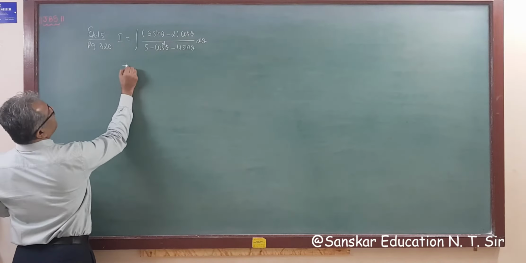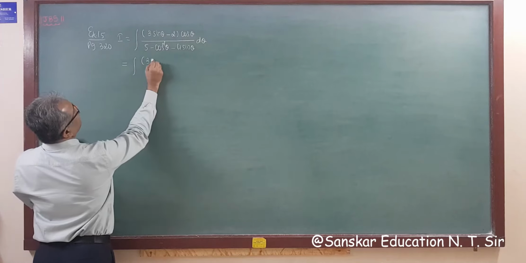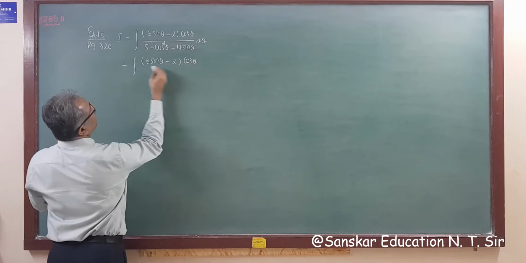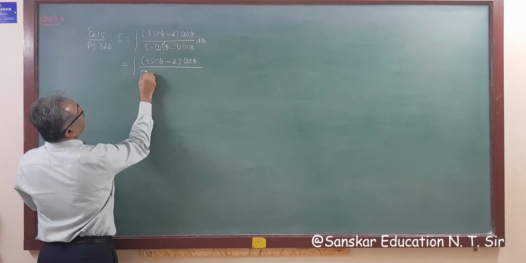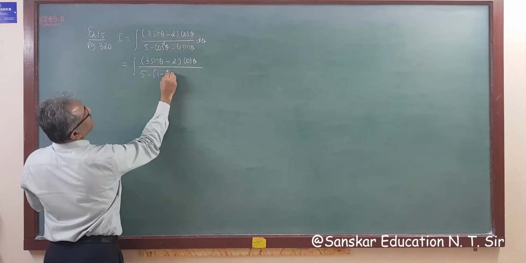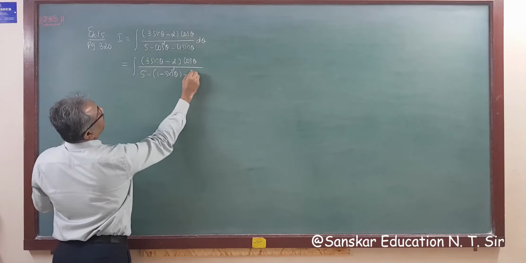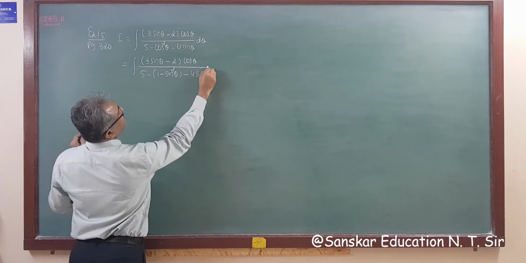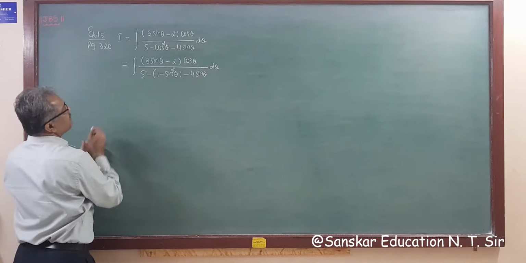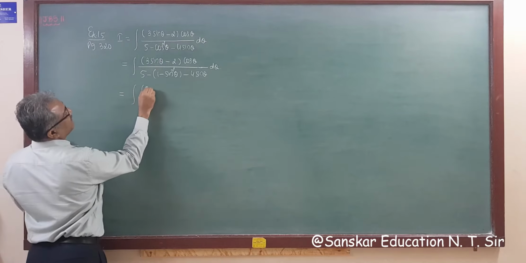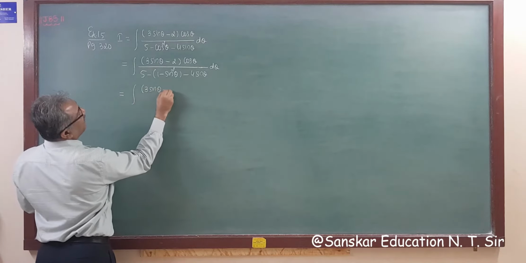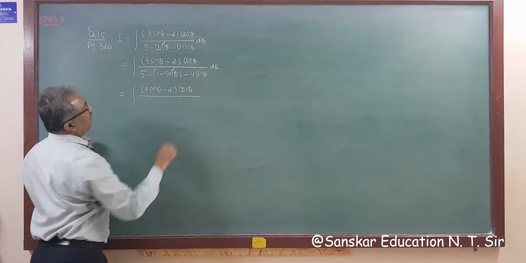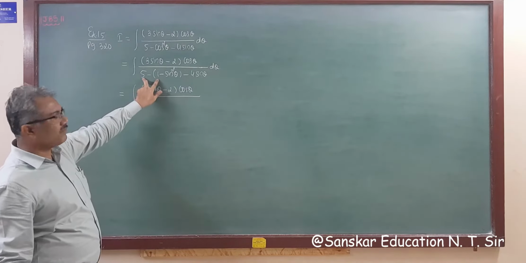So this is the integration of (3 sin theta minus 2) into cos theta, whole upon 5 minus (1 minus sin square theta) minus 4 sin theta as it is, d theta. So simplifying this, what do we get? 3 sin theta minus 2 into cos theta, whole upon, this is 5, right?